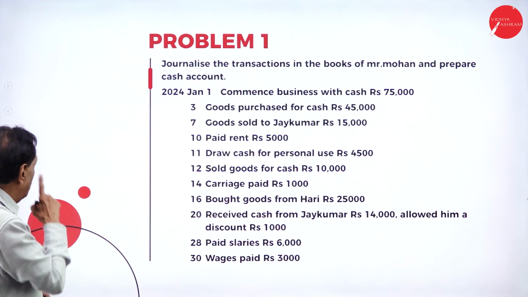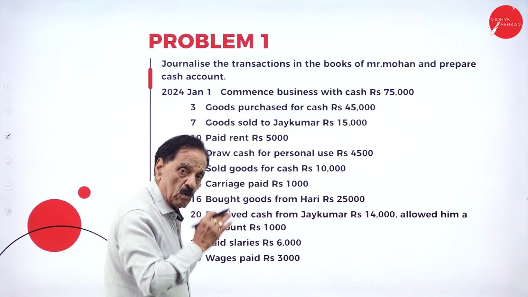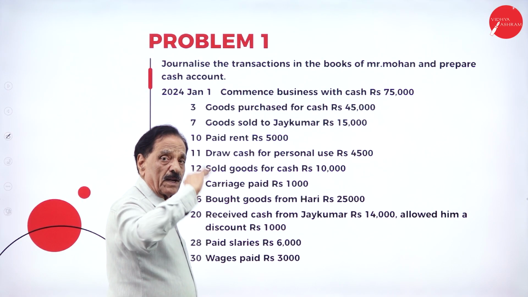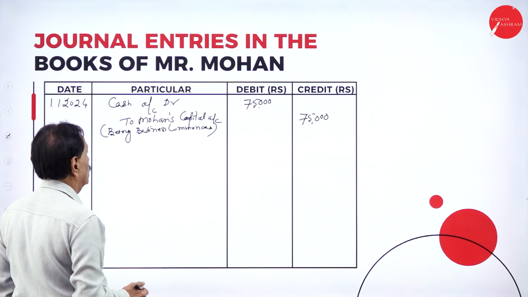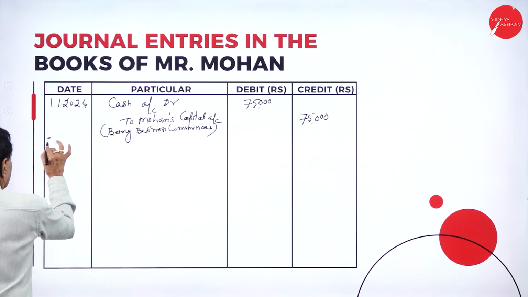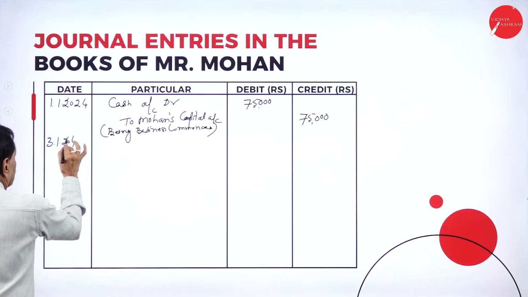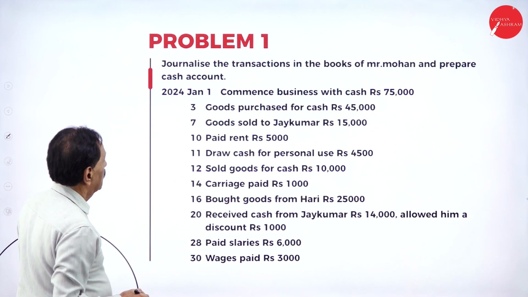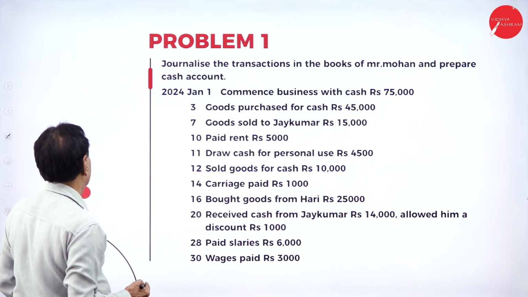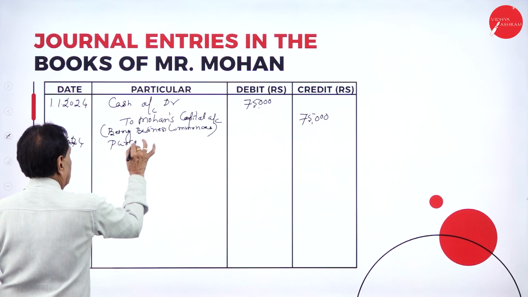Next entry, number 2. Goods purchased for cash. What is coming in? Goods. Cash is going out. Both are real accounts. Debit what comes in, credit what goes out. That is on 3rd January. Goods purchased for cash. Purchases account debtor.